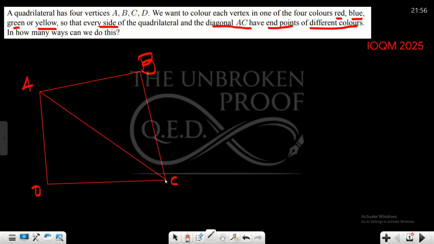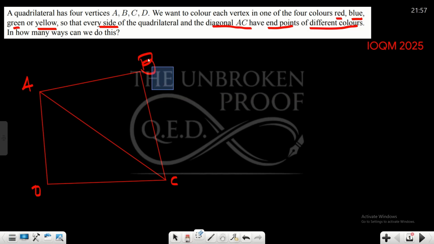If we are connecting this diagonal AC, they are saying that AB should be of different color, BC should be of different color, similarly CD, DA and AC as well. They did not say that BD should also have same or different color. Only the lines which are connected, their 2 vertices should be in different color. And they are asking how many ways can we do this.